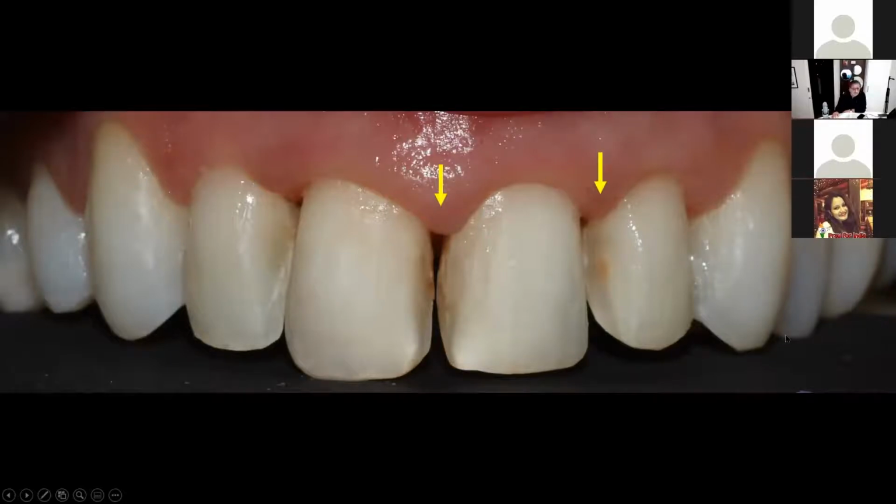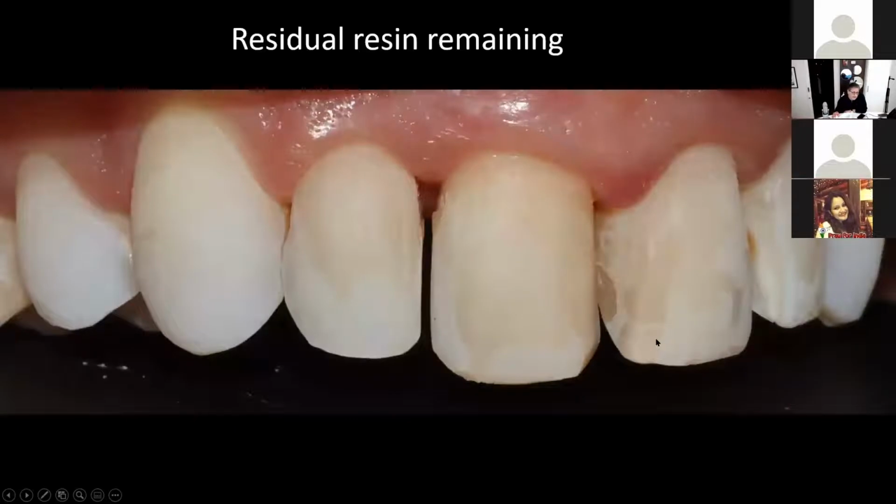Now, the problem is that you need to make temporary veneers for this patient. The problem with temporary veneers is that there's residual cement here. Can you see that? One of the problems that affects the veneer seating is that when you make your temporaries, you have to remove all that cement.